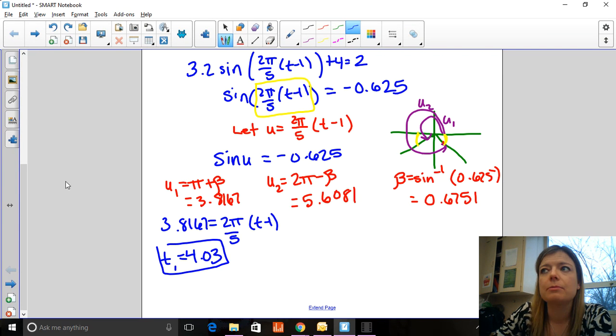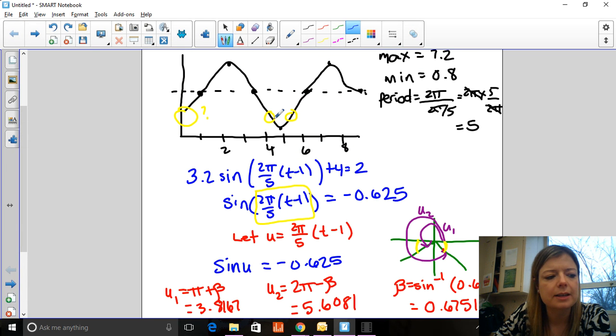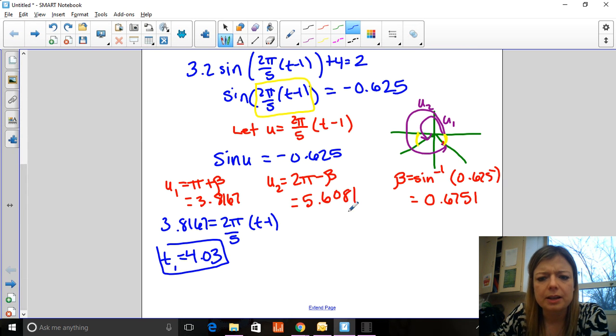Now, if I go back to my sine curve up here, that makes sense. There it is. That's the one, 4.03. That looks right. It's just above 4. Okay, so now I take this guy and I set it equal back to U again. So 5.6081 equals 2 pi over 5 bracket t minus 1.